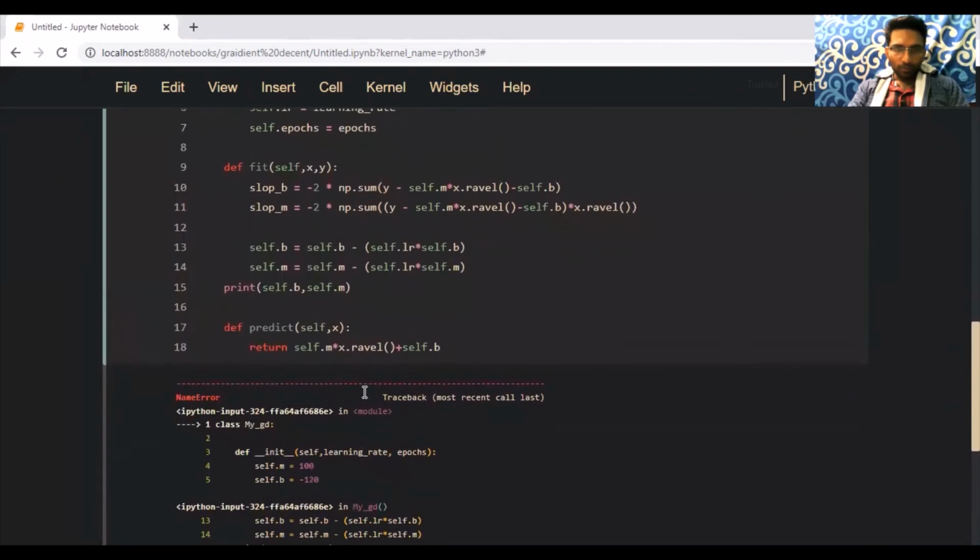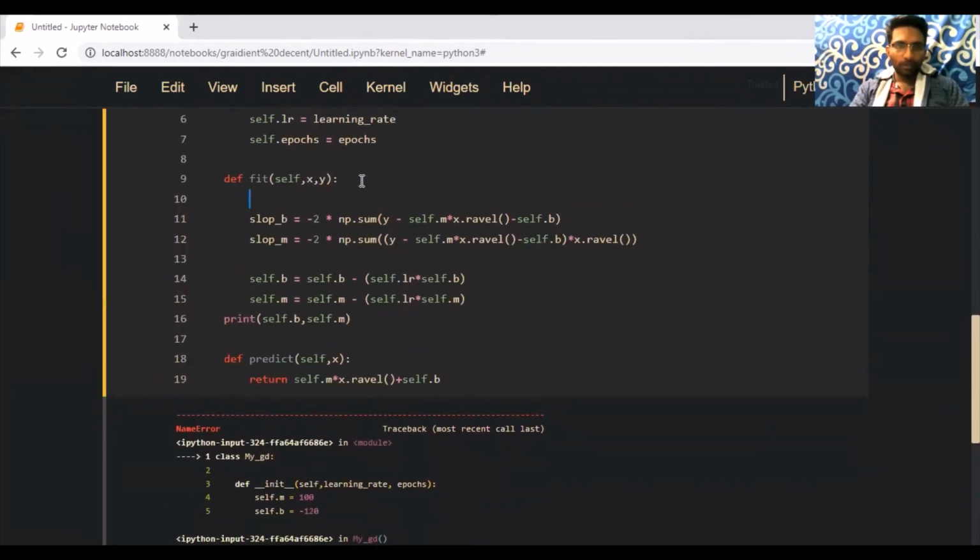Okay, so this is the problem. I'm not using a for loop here because, as I said, we will be using epochs, the iterations to reach the global minima, and that was missing here.